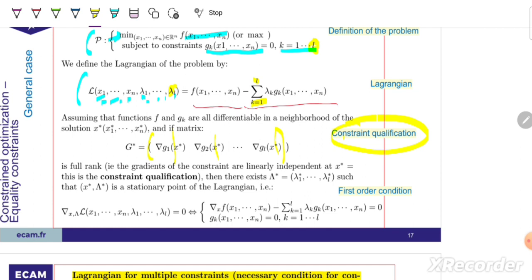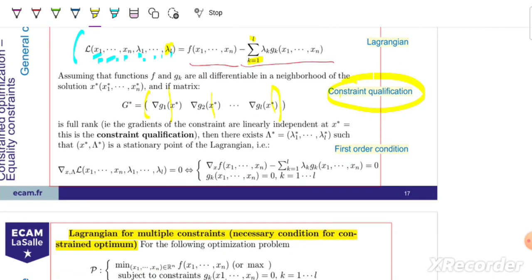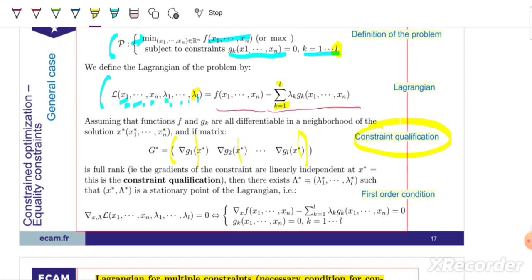If this matrix is full rank, then we can say that the constraints are qualified. Then the first order condition is that we can find as many Lagrange multipliers as needed so that at the optimum value, the gradient of your Lagrangian is equal to 0.